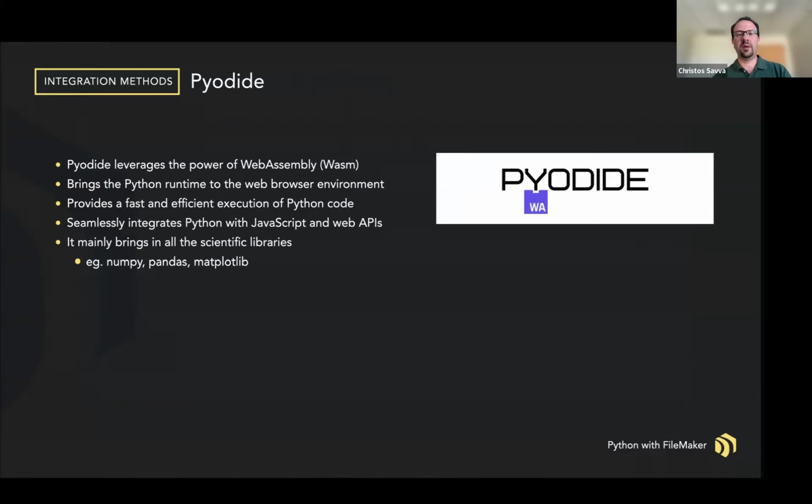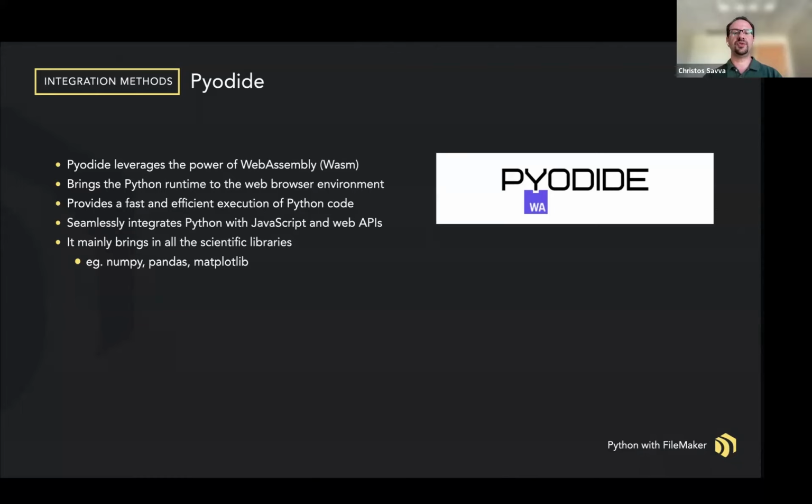Specifically for Python, the implementation of WebAssembly is called Pyodide, and it provides a faster and more efficient way to execute Python code. It also seamlessly integrates Python and JavaScript and the other web APIs.